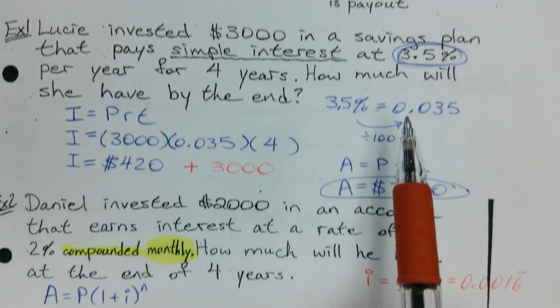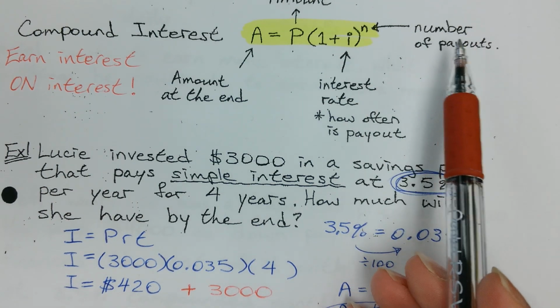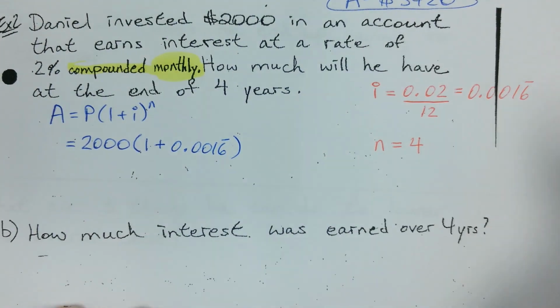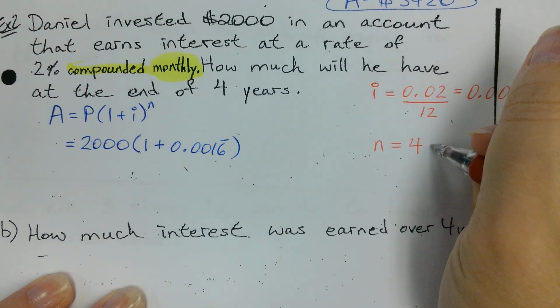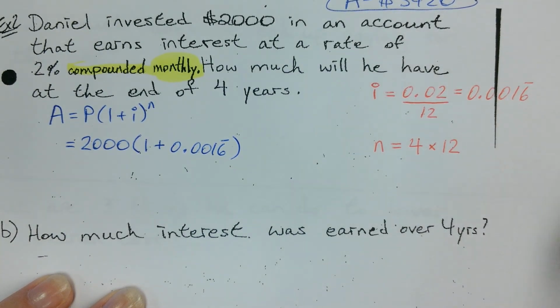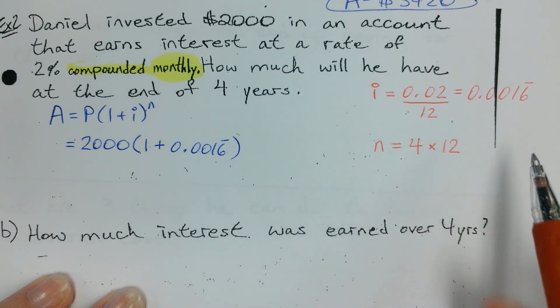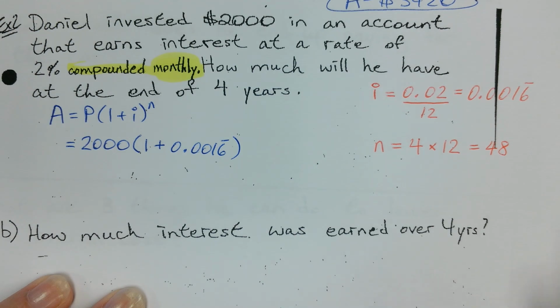But if you take a look at the definition up here, n represents the number of payouts. So in the 4 years, how many times are they paying you? 48. What did you do? 4 times 12. Times it by 12, because I'm paying you every month over 4 years. So in total, that's 48.